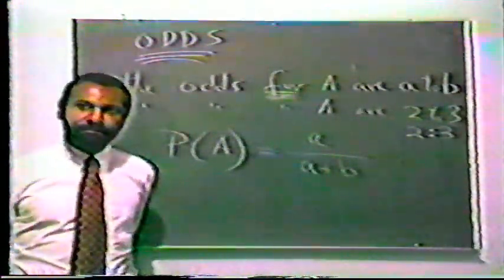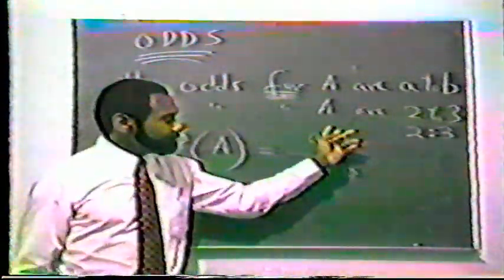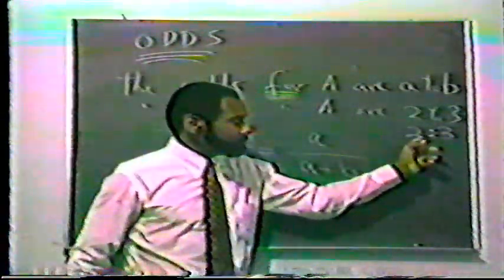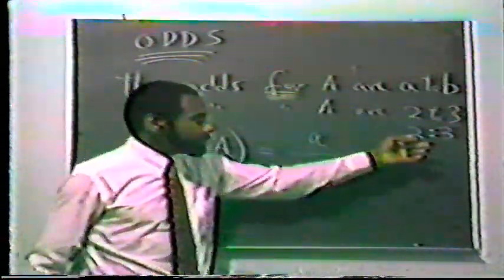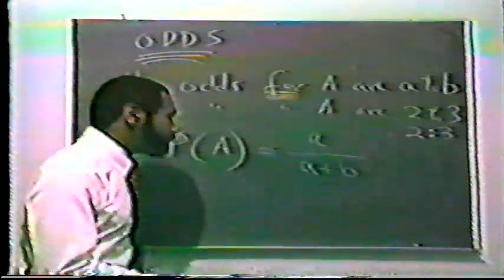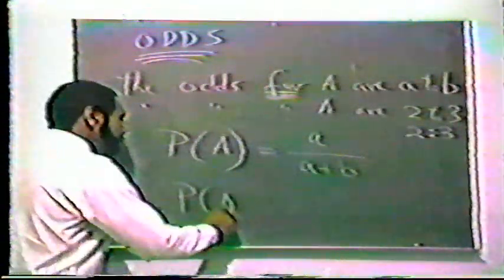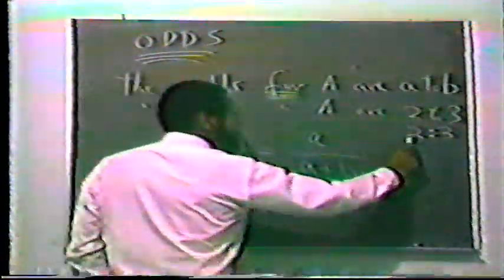For example, if we have event A, and we know that the odds for A, or in favor of A, are 2 to 3, then we can find the probability of A. The probability of A equals, in this case, 2.